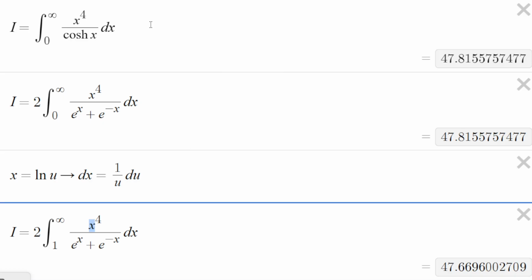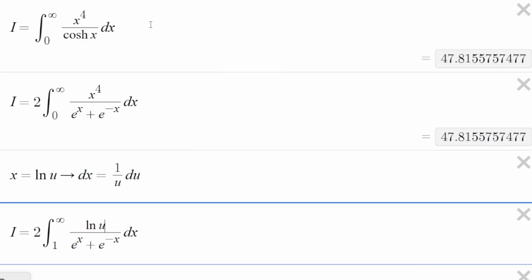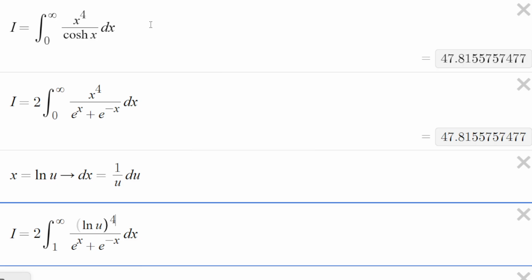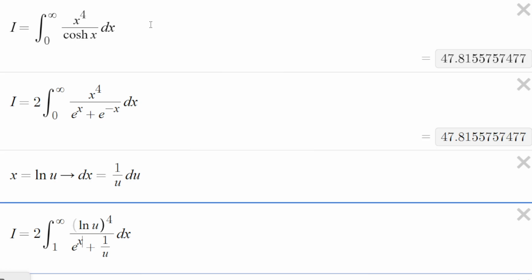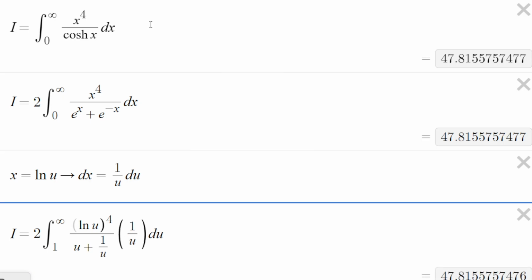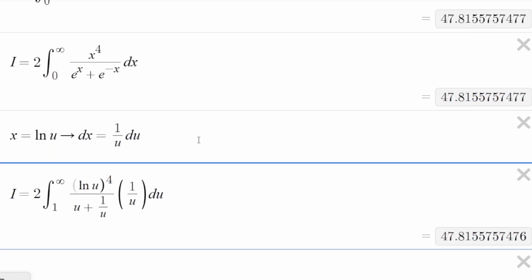So this part right here is just going to become natural log u to the 4th. This is going to become 1 over u. This is going to become u. And our dx is just going to become 1 over u du. And as you can see, this perfectly matches what we expected. So the substitution was performed correctly.